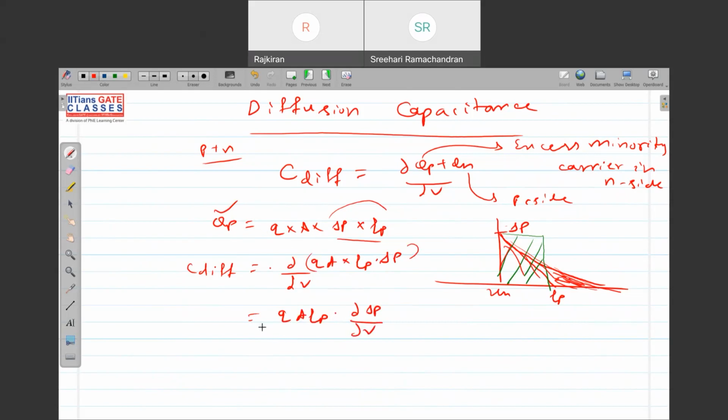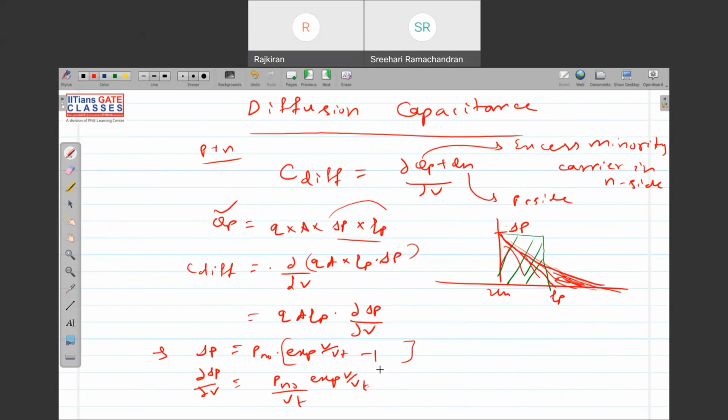We know del P is equal to Pn0 into exponential of V by Vt, where if I neglect the one, d del P by dV equals Pn0 by Vt times exponential of V by Vt.